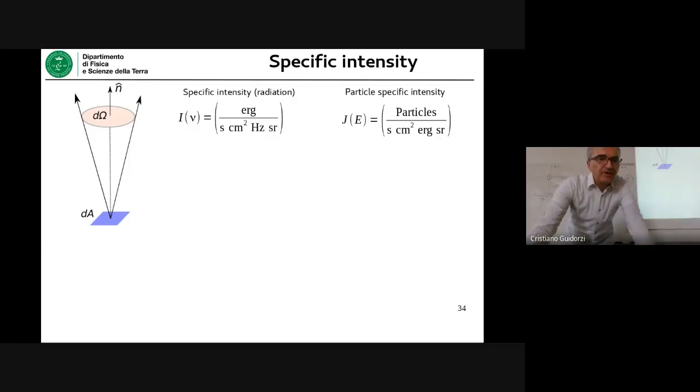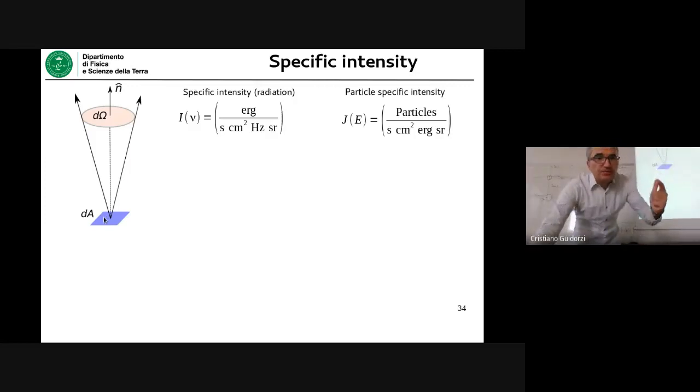I have some radiation coming out of this elementary surface, and I want to express the amount of radiation coming out. Of course, the radiation will have its own direction, not only frequency. So I introduced this quantity, the specific intensity, which is defined as follows: it's the amount of energy coming out in a direction perpendicular to the surface.